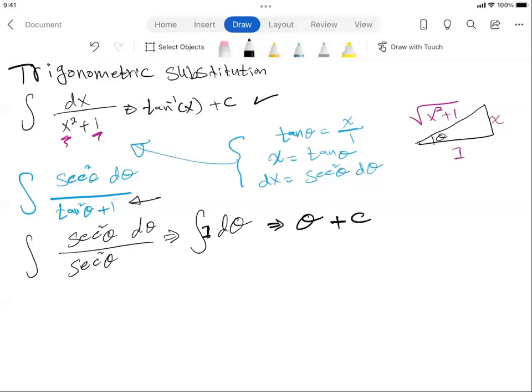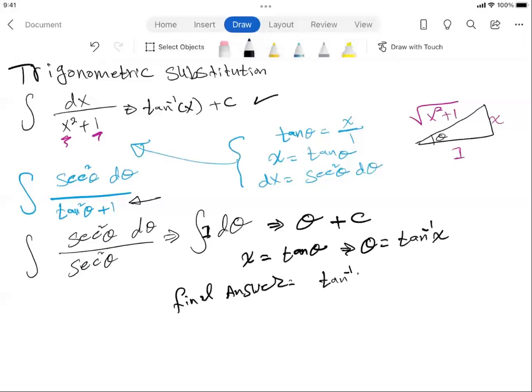Now, looking back at the triangle, if x equals tangent of theta, then theta equals tangent inverse of x. So the final answer would be tangent inverse of x plus c, and that's basically where this formula comes from.